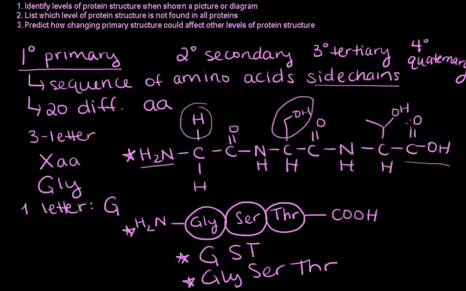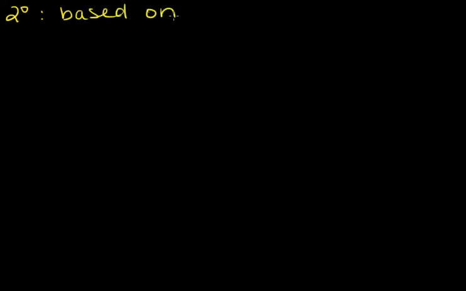Okay, so now let's talk about secondary structure. Secondary structure is based on primary structure. The sequence of the amino acids, the primary structure, tells us what the secondary structure is going to look like.